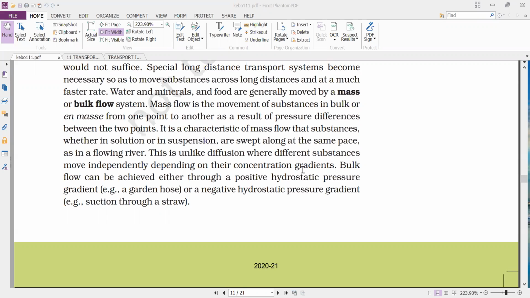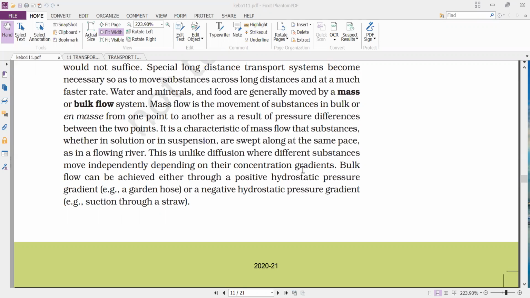When you open the tap, the positive pressure is at the top and the negative pressure is at the lower end, so the water will flow down.